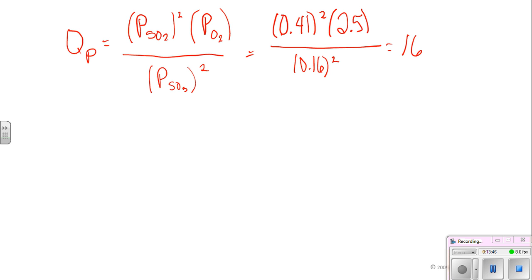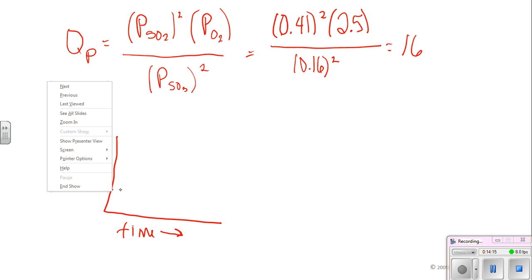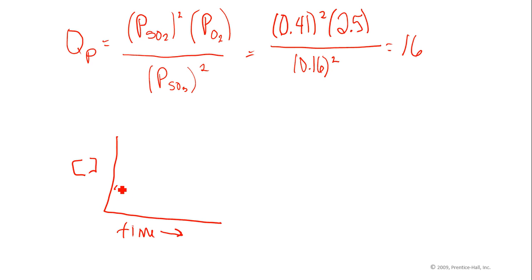So let's look at the graph again. Concentration over here, time here, or how the reaction would proceed. So since we need to make more SO3, SO3 actually would be right about here, and it would have to increase and then level off.